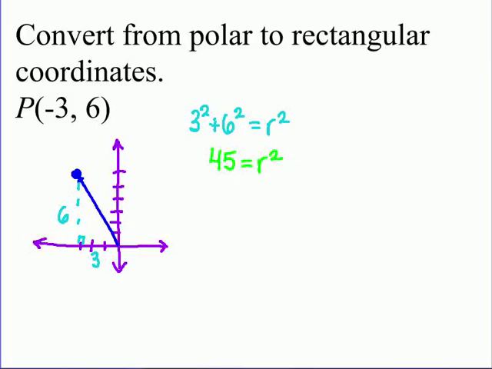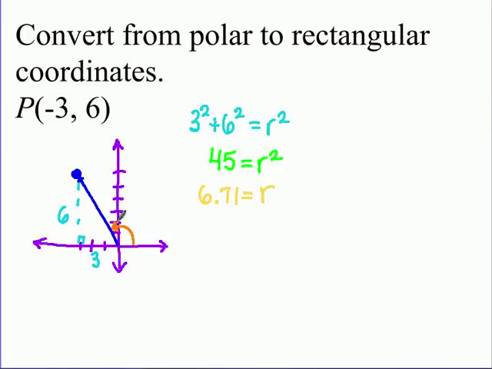3 squared and 6 squared gives me a total of 45. So r to 2 decimal places is what? 6.71. So like I said, it's actually the exact same formula as what you were given. So now my radius is 6.71. Now what I need to do is find the angle. So I really want to find this angle here.